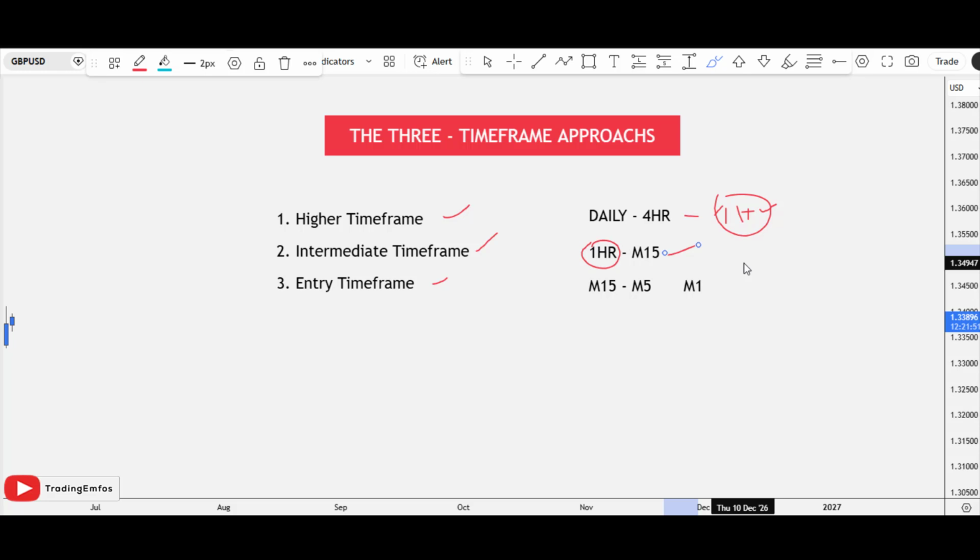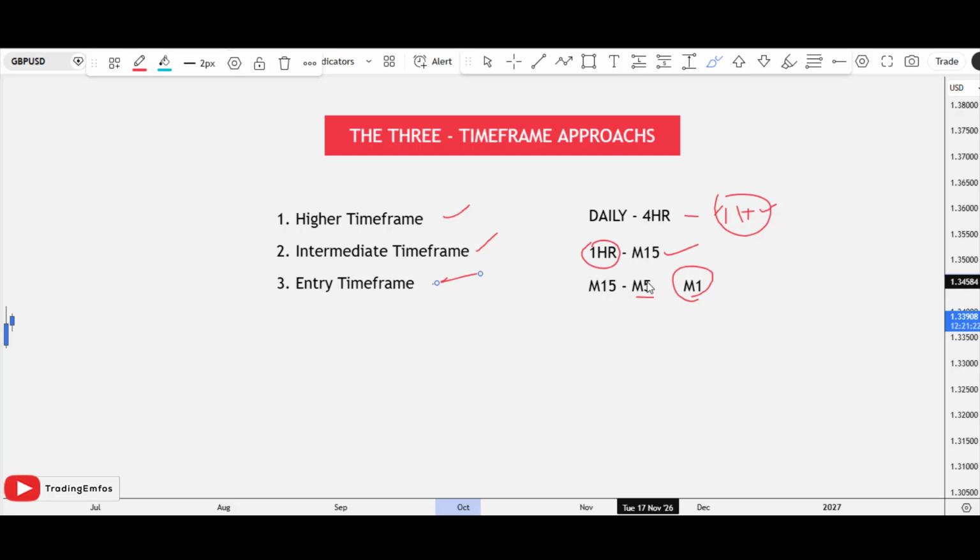That's the way I trade, and I've been very profitable. So I use the M15 as my intermediate time frame. This is where I mark my key levels, my areas of interest or points of interest. Then I use the 5 minutes or the 1 minute for my entry. I go down to the 1 minute or the 5 minutes and I take my entry.